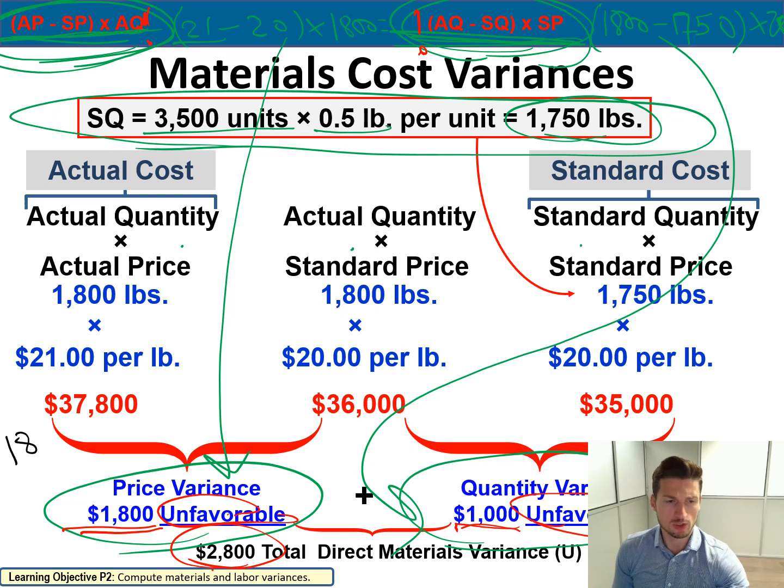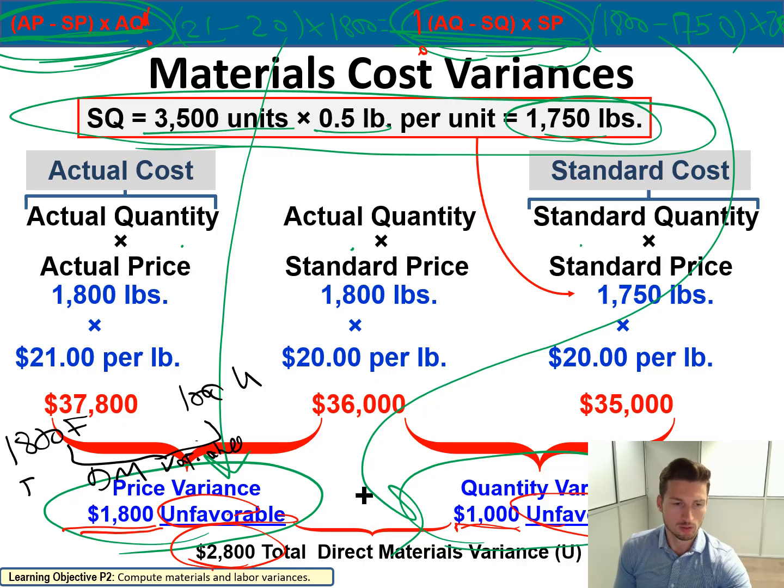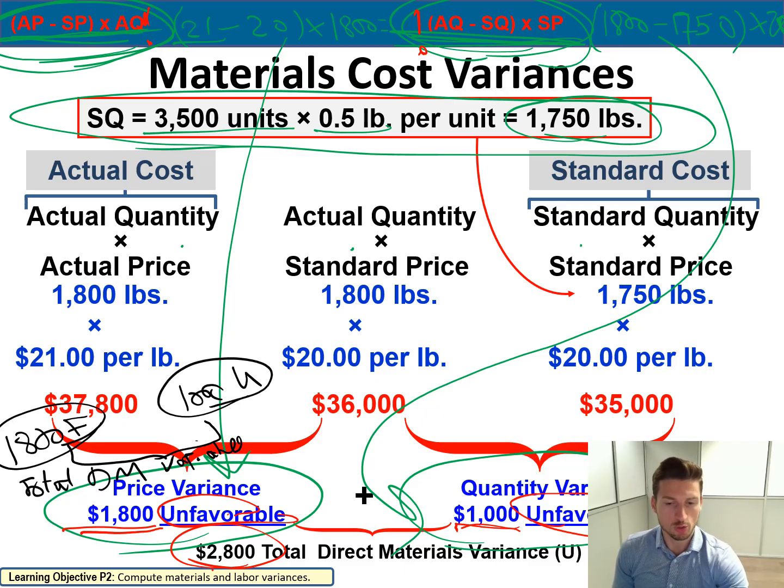So you have 1,800 favorable price variance, and you have 1,000 unfavorable quantity variance. The question is, what is total direct material variance? It will be 1,800 minus 1,000. So your total direct materials variance will be 800 favorable.